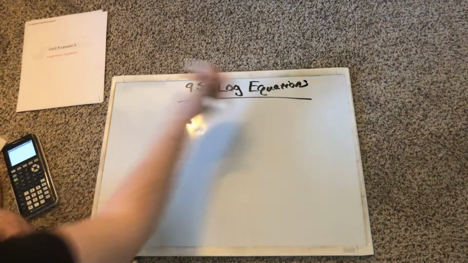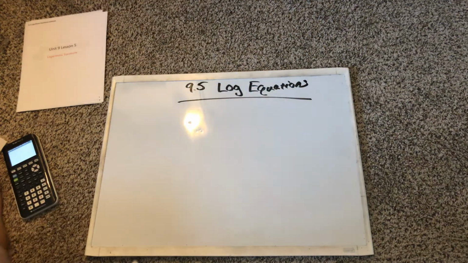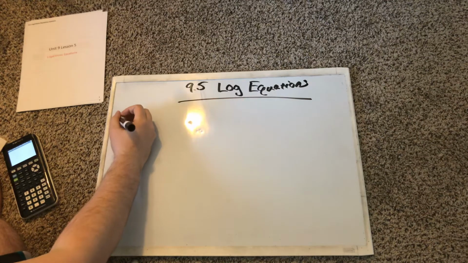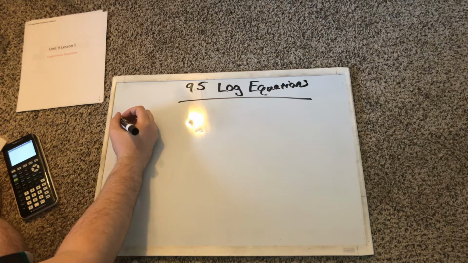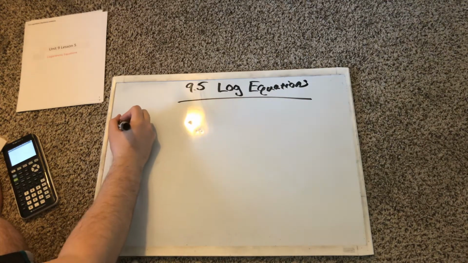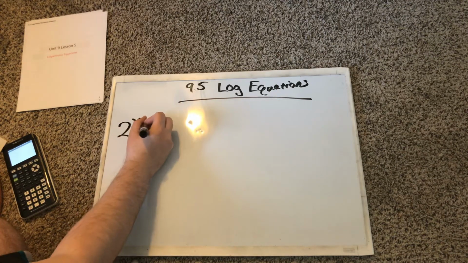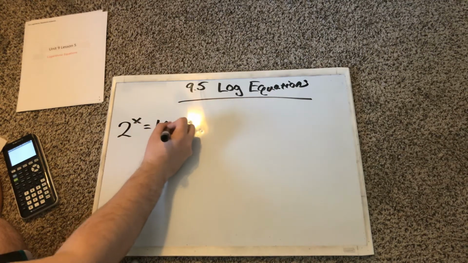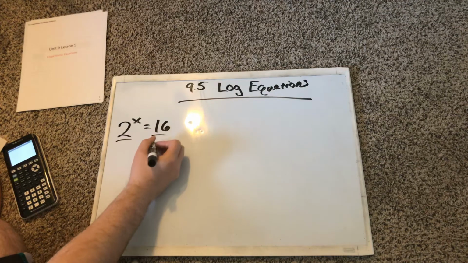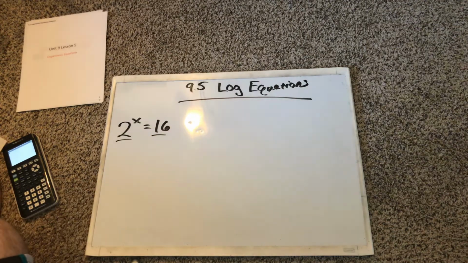So in the last lesson, we learned what to do if we start off in exponential equations. Method one is if I had 2^x is equal to 16, I would have to break the bases down and get the same base.